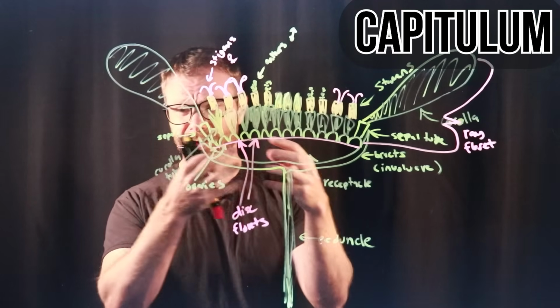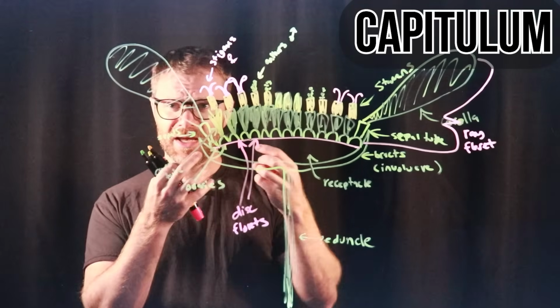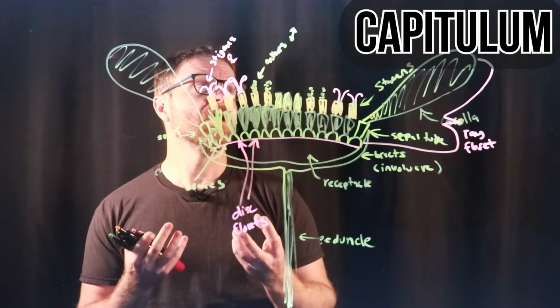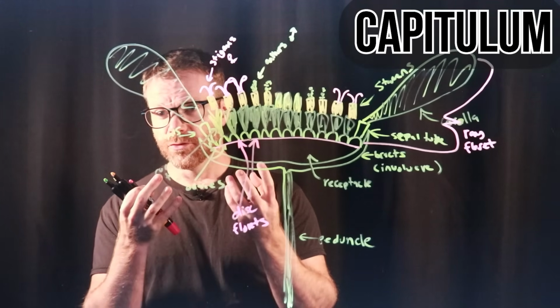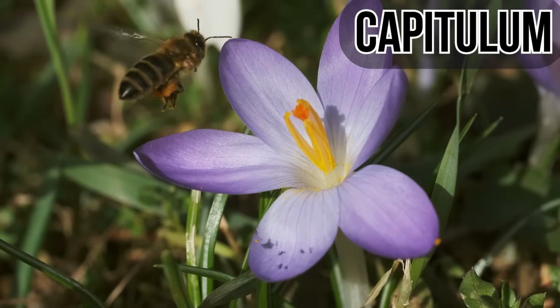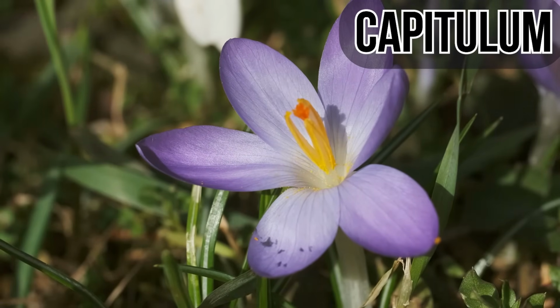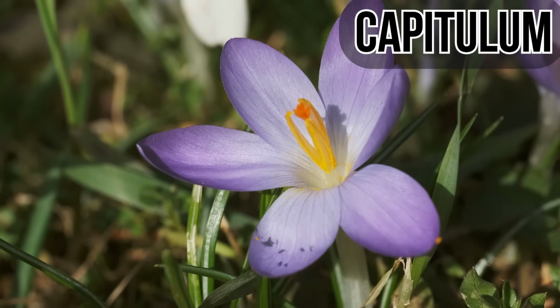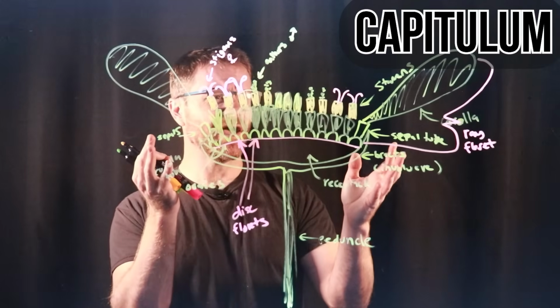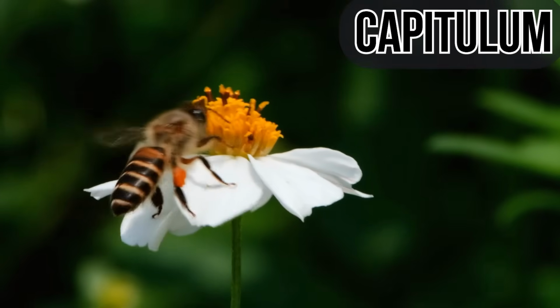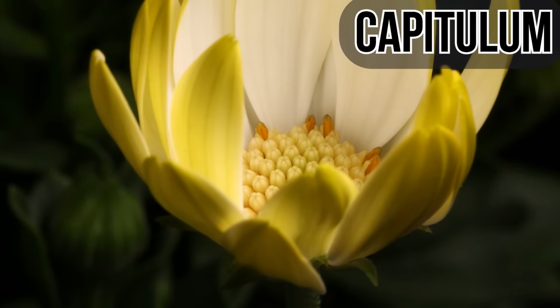So it's the macro imitating the micro, because a flower is a good way to reproduce. It's a good way to attract pollinators. It's a good way to get your pollen onto a stigma of a different plant. And so an inflorescence that looks like a flower is using that same essential design, but on a greater level.